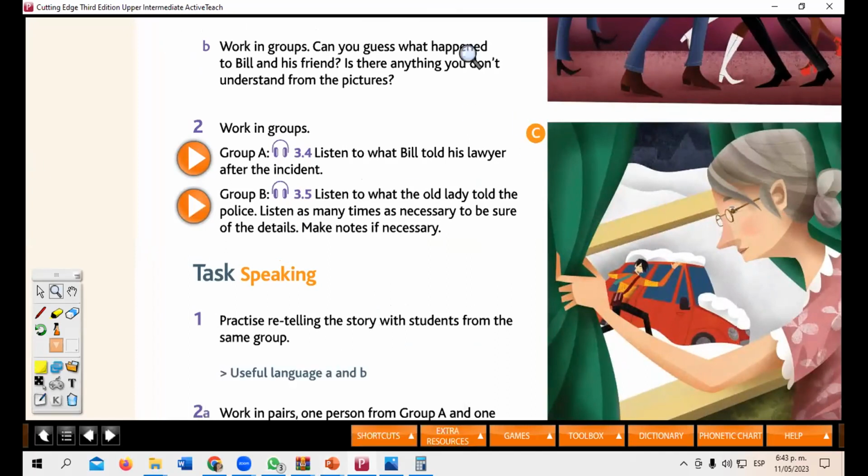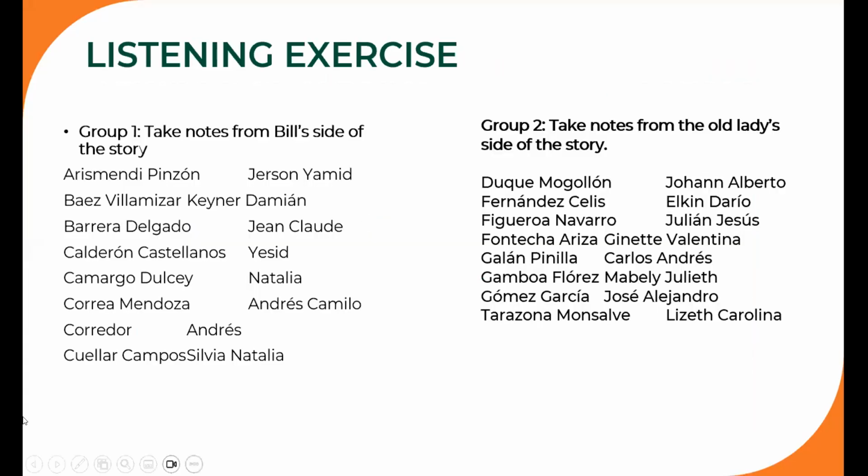He's telling his lawyer what happened after the incident, so he's retelling the story. In this part, it's a bit different because we need to take notes very carefully. You take as much information as possible.